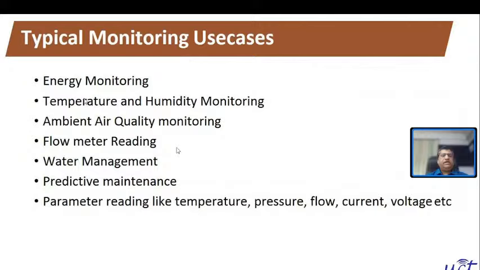Every industry has to do energy monitoring, temperature and humidity monitoring, ambient air quality monitoring, flow meter reading, water management, predictive maintenance, and other parameter readings like temperature, pressure, flow, current, voltage, etc.